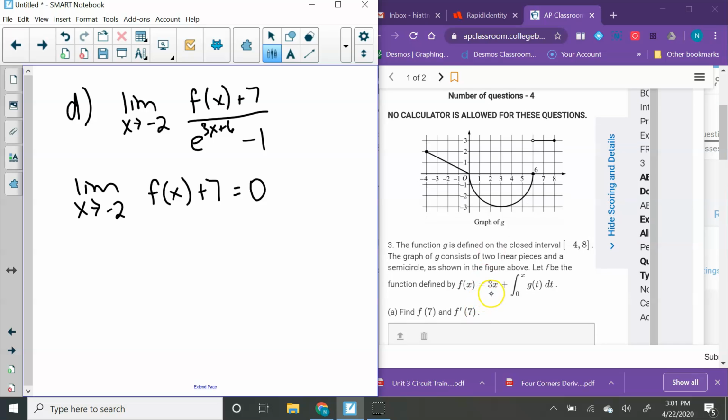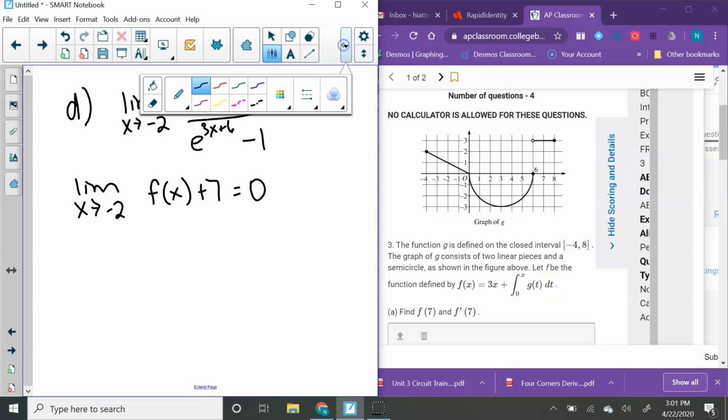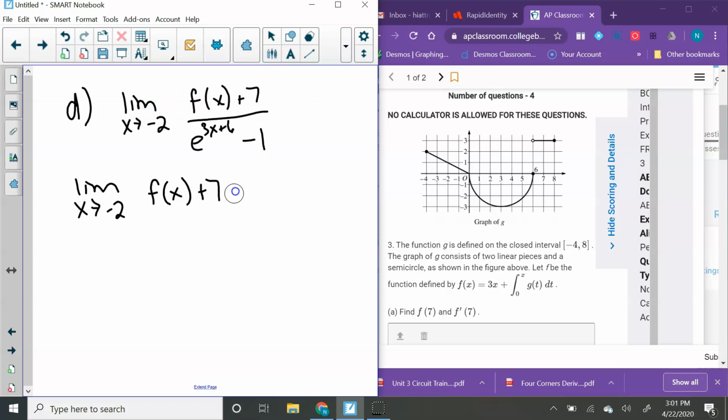Here we would be doing 3 times negative 2 plus the integral from 0 to negative 2 of g of t dt. And so actually let's just work that out so you can believe me that that does equal 0.